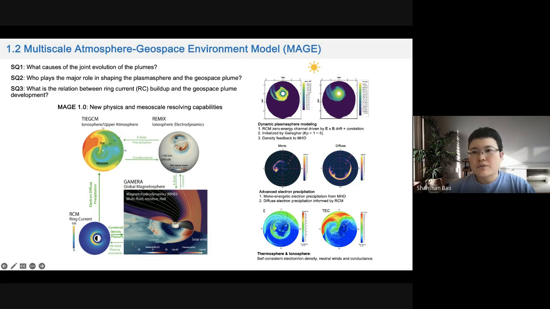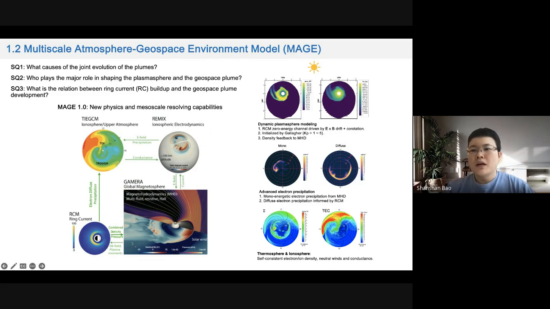ionospheric potential solver. There are some major components in the model that have been added for the purpose of this study. First, we put a dynamic plasmasphere as a zero energy channel inside the RCM.